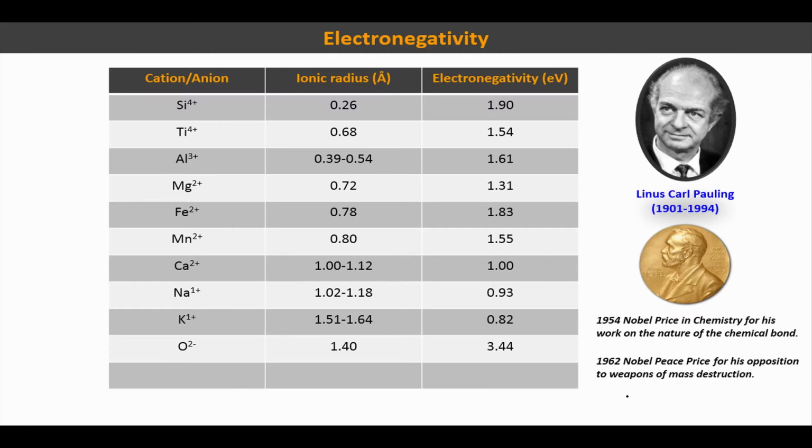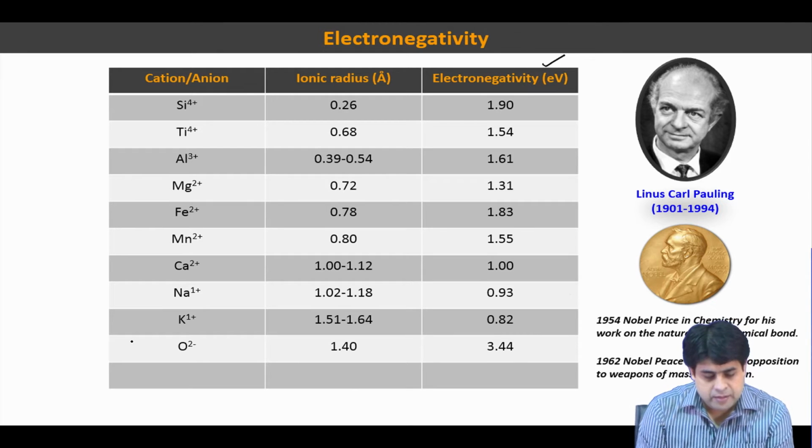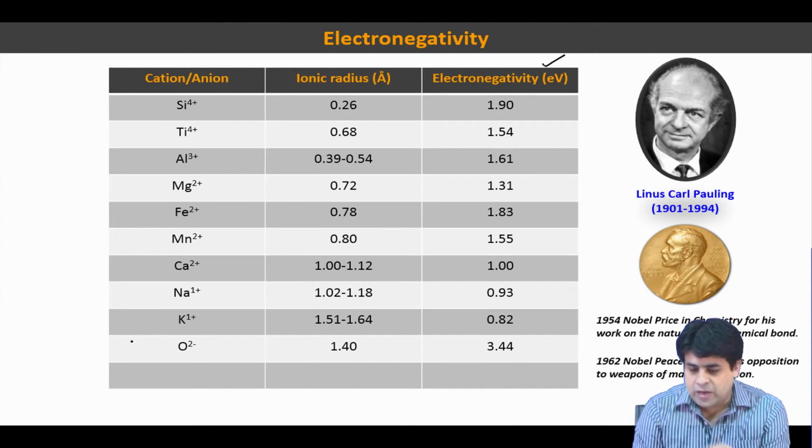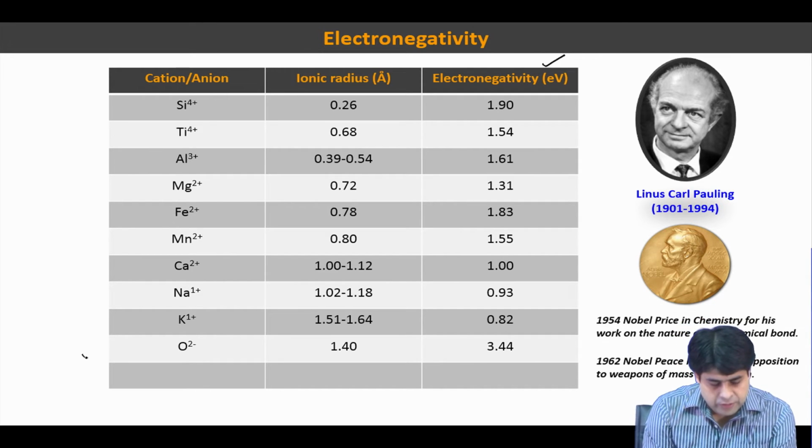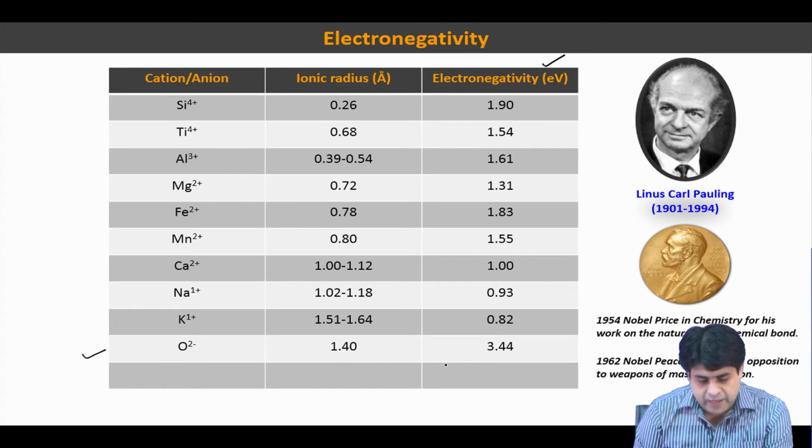If you see this table, in the last column you will find the electronegativity values. In the right hand column, you will observe that all the major abundant cations have electronegativity values given, and in the last row we have the electronegativity value for oxygen.